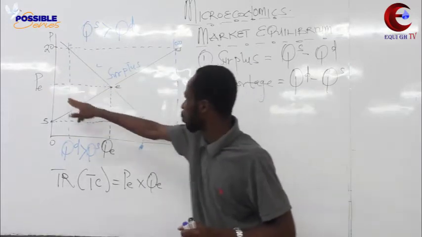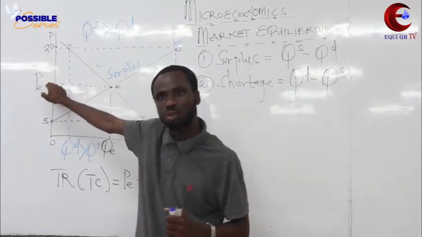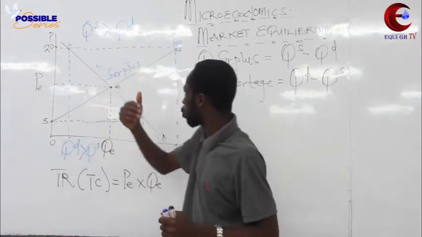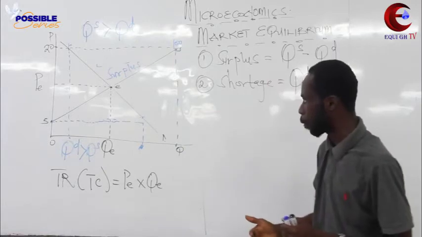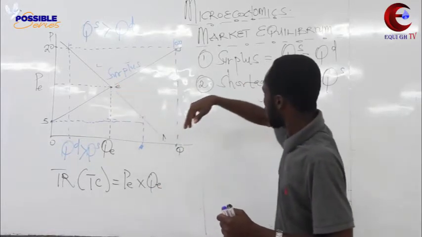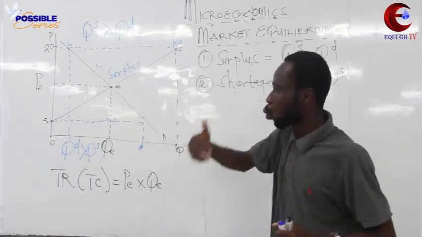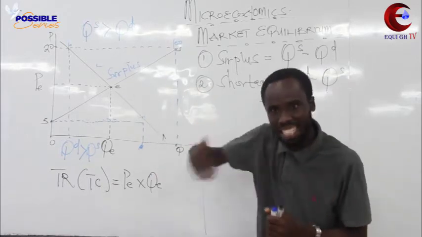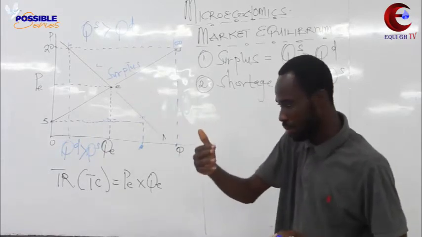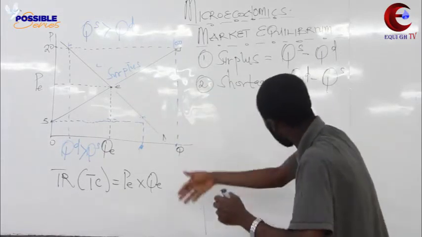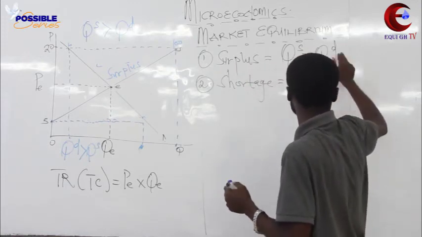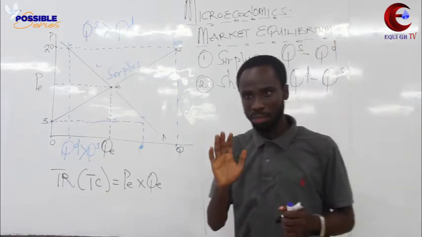When we charge any price which is greater than the equilibrium price, we are going to record what is called surplus on the market. So surplus occurs when we are charging prices above the equilibrium price. Nice one. So the formula for the surplus is equal to QS minus QD.